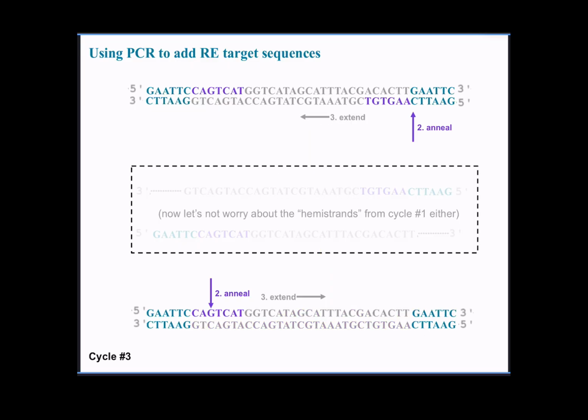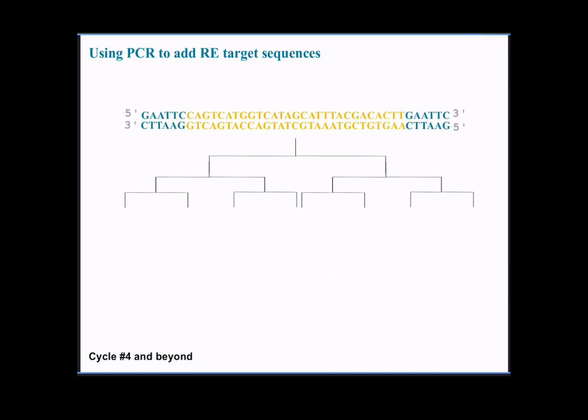So starting in cycle 3 and onwards, this is the amplicon that we will obtain. Once again, yellow is the sequence that was there in the original DNA sample, and it's the sequence that we wanted to clone into our vector.